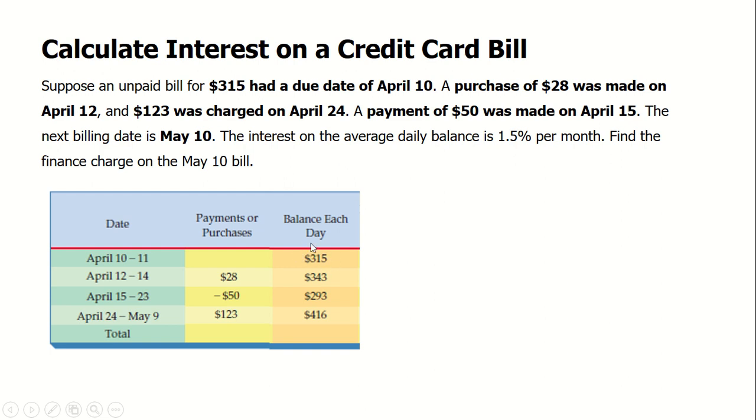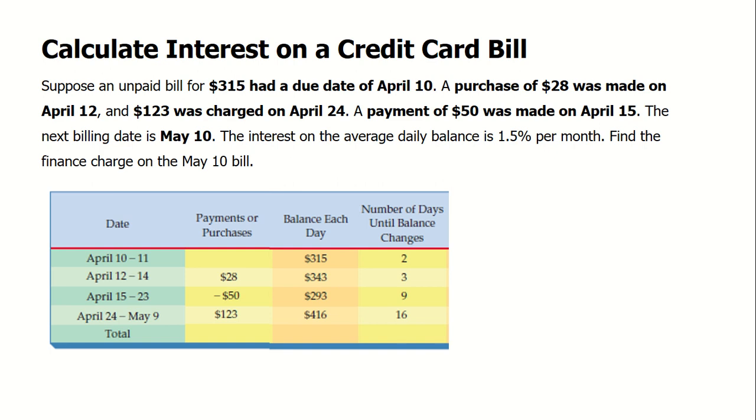This was your bill during the due date. You made the purchase of $28, so you add 28 to 315. This is now 343. You pay $50, so you subtract $50 from that, and you get 293. You made another purchase, $123. So your outstanding balance now is 460.